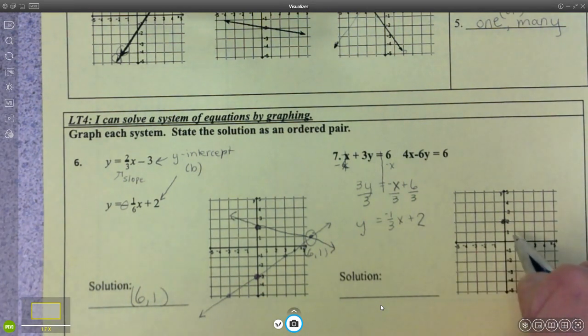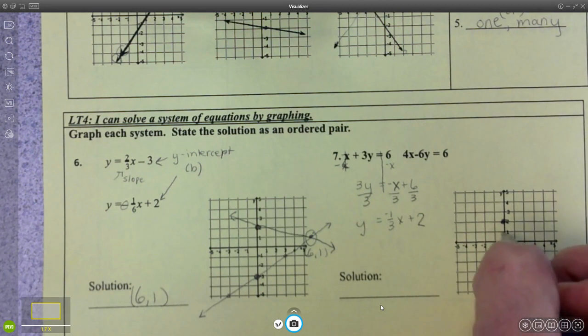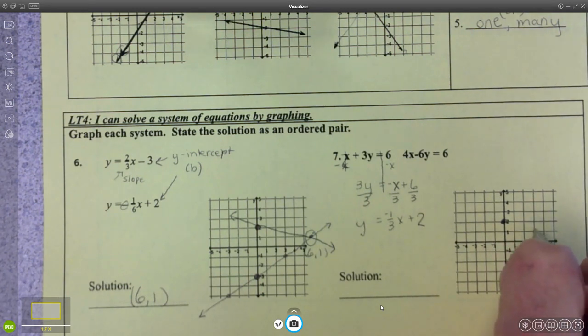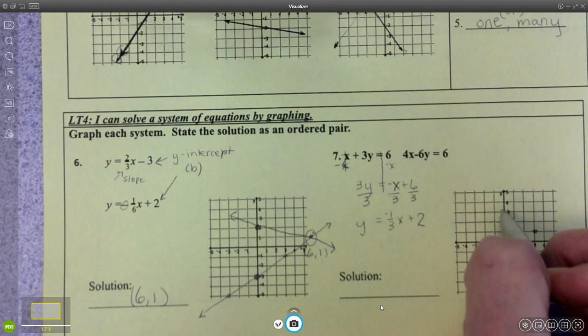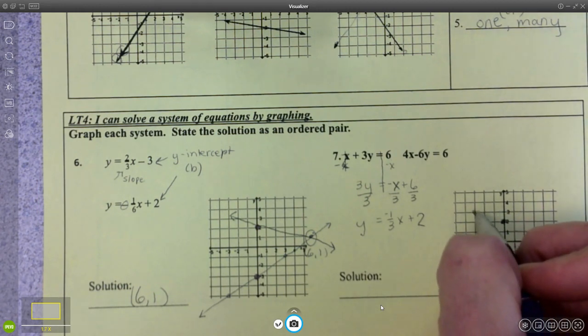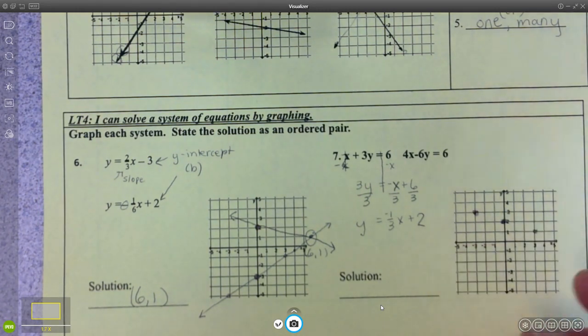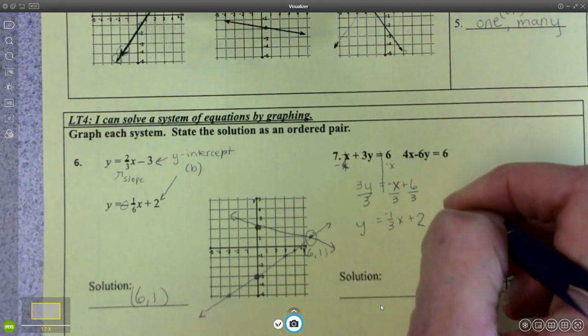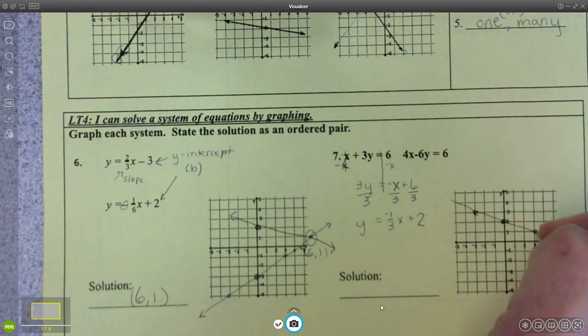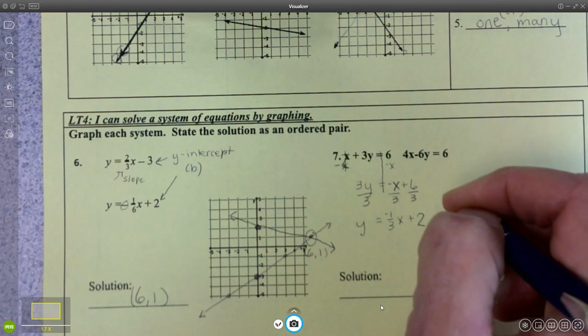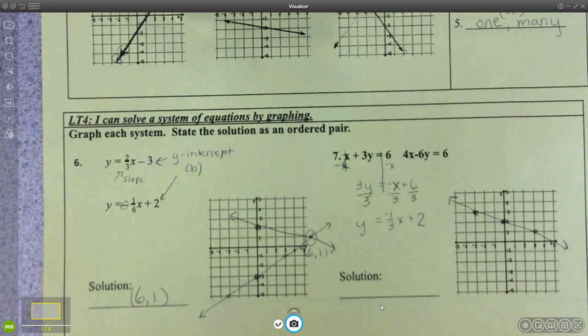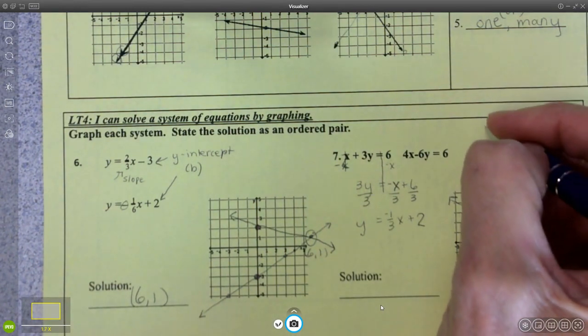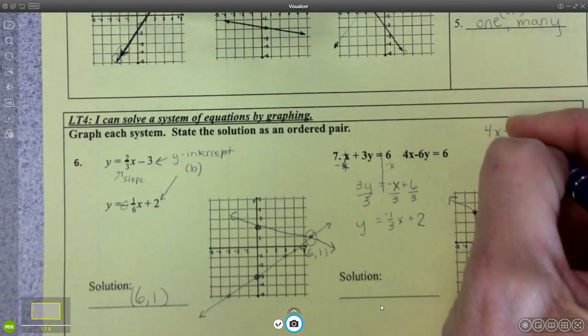My line is going down 1 over 3, or up 1 positive over 3 negative. And so trying to draw as straight a line as I can, if you have a ruler, even better. Okay, and the other one, I'm going to just rewrite it over here so I have a little bit more space.